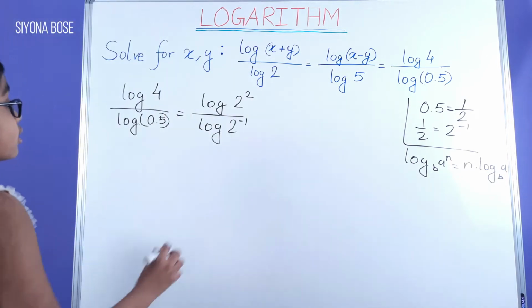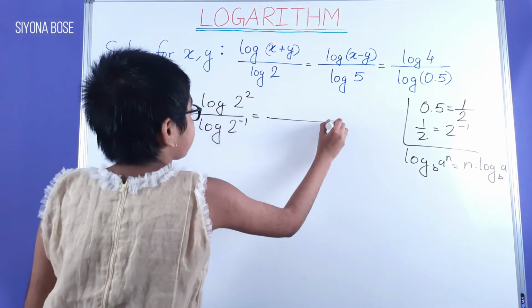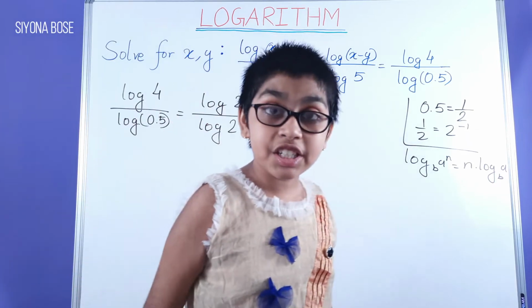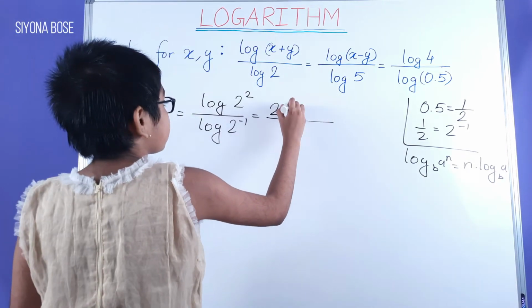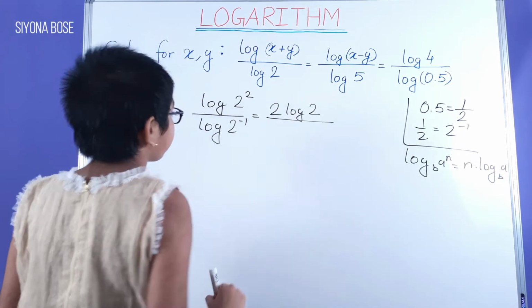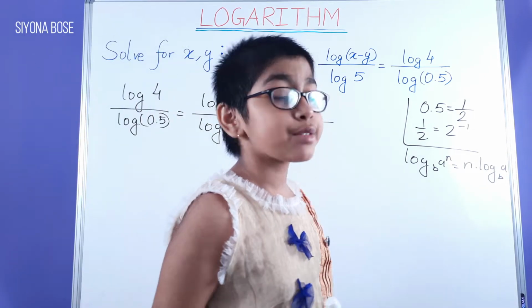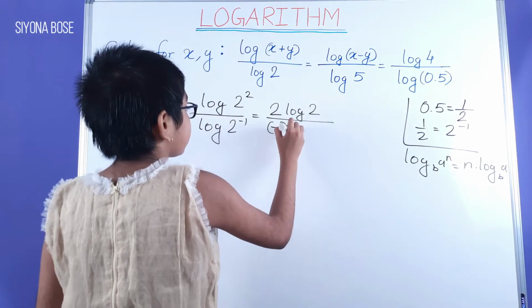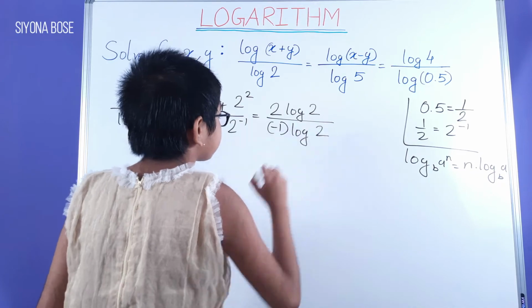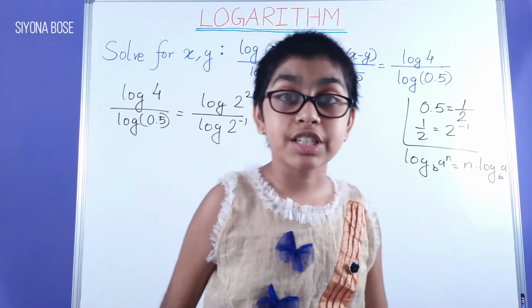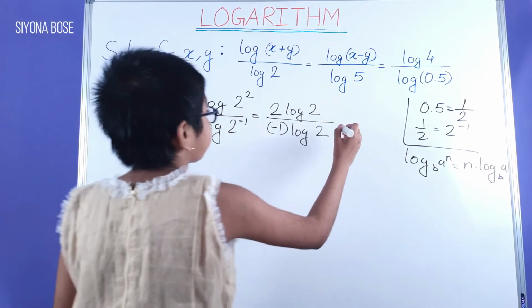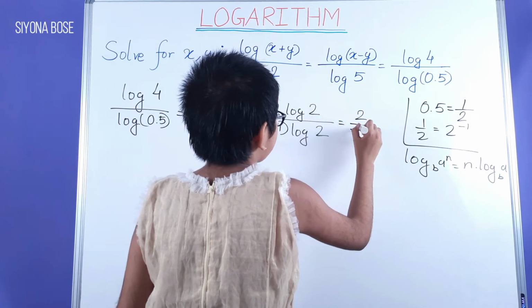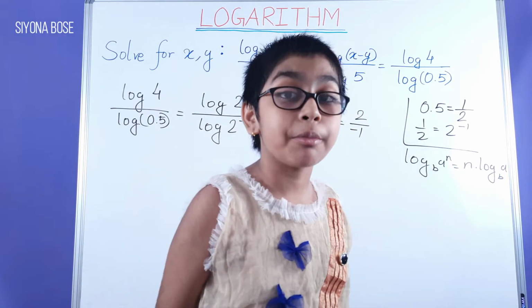Then it is 2 into log of 2 by minus 1 into log of 2. Now log of 2 can be cancelled out, and we will be left with 2 by minus 1, that is nothing but minus 2.